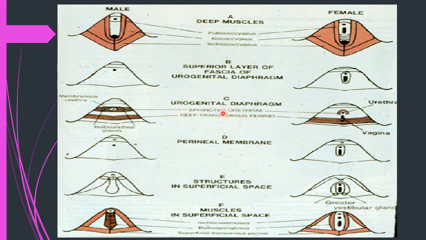And in the old concept, when the urogenital diaphragm was present, you had the superficial layer of the fascia of the urogenital diaphragm. So these three parts, the inferior perineal membrane, then these muscles, sphincter urethrae and deep transverse perineal muscle, and the superior layer of fascia of the urogenital diaphragm, made up the urogenital diaphragm.